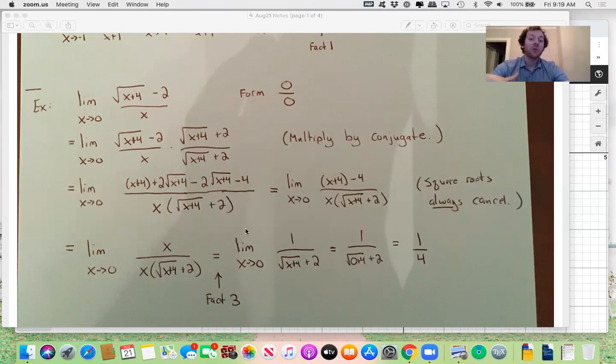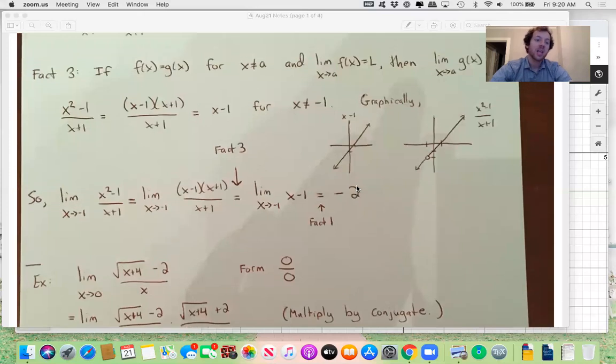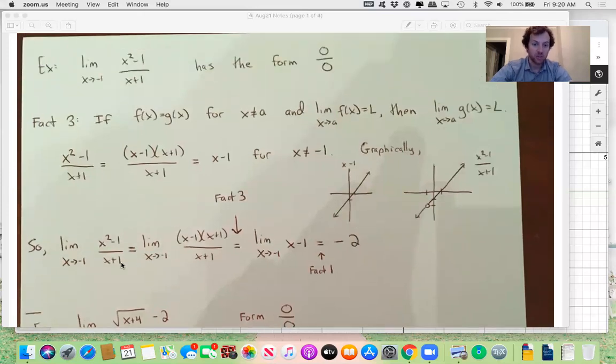But how you get to that cancellation, and then you can take the limit after that step, is kind of dependent on what function you have. If you have a square root, this multiplied by the conjugate process is really the way to go. If it's a rational function without the square root, you can try to just factor it and find the cancellation value.